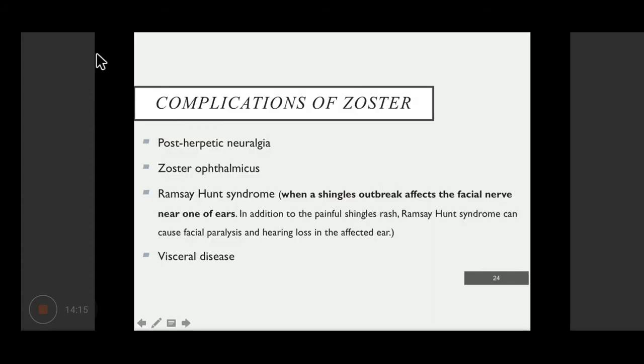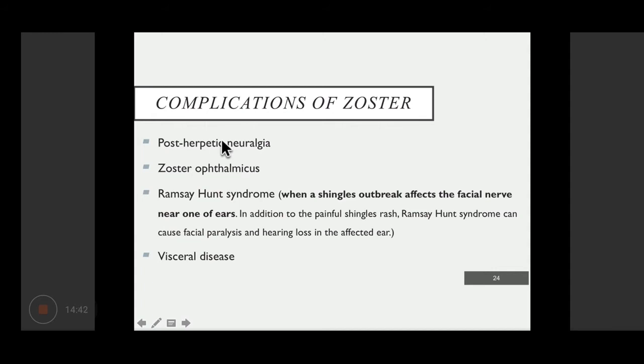Then there can be some complications of zoster, which include post-herpetic neuralgia, that is neural kind of pain that persists even after the rashes have gone. Zoster ophthalmicus, which basically involves the eye along with the other parts of the face, especially if the trigeminal nerve is involved.